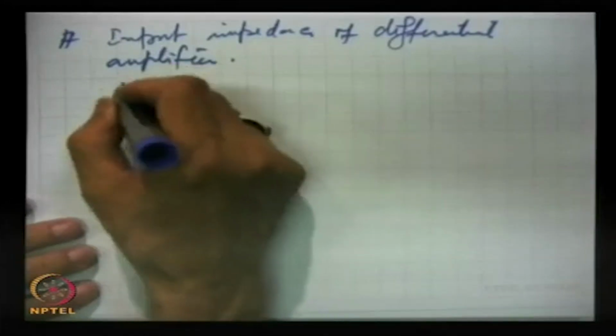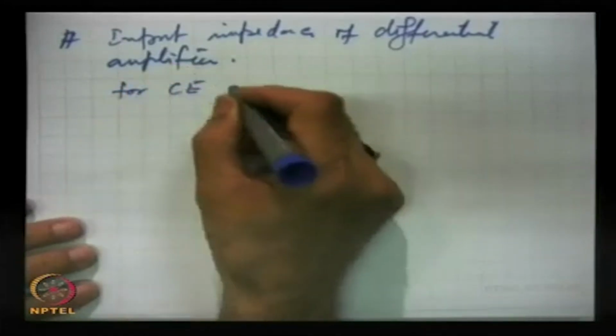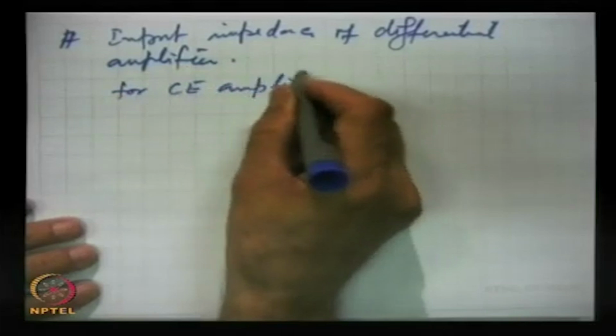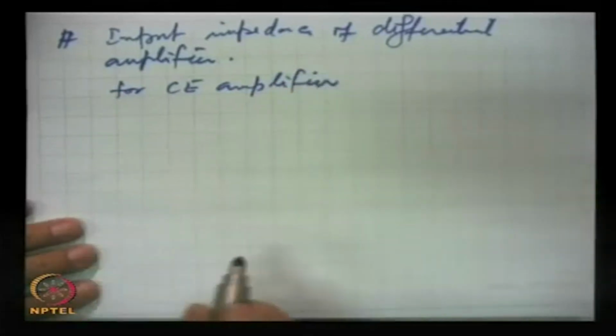And when we measure it here, say at Q1, this is a CE amplifier, a common emitter amplifier.